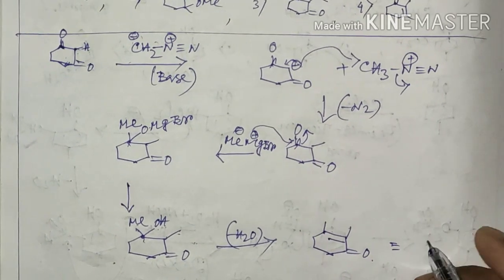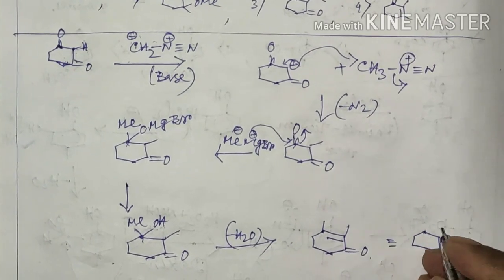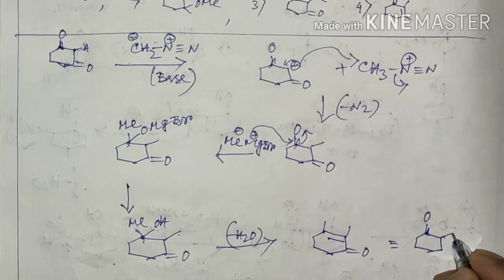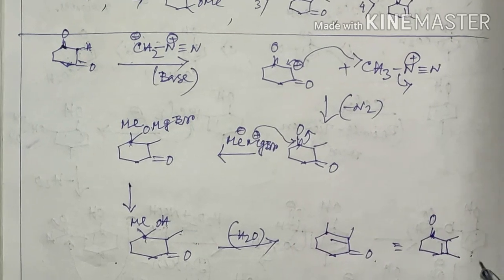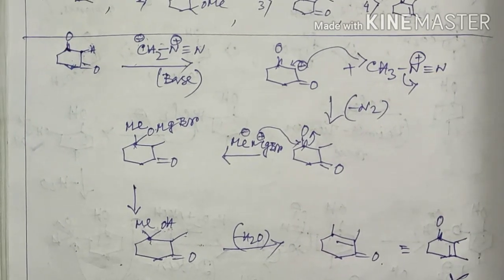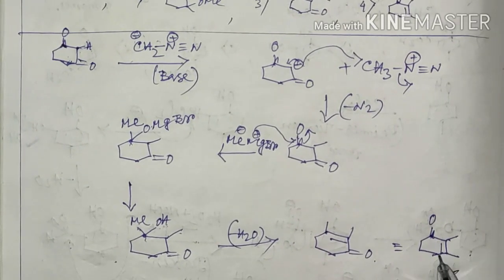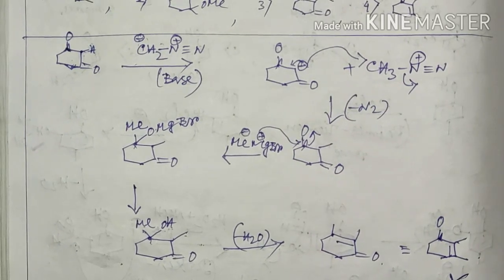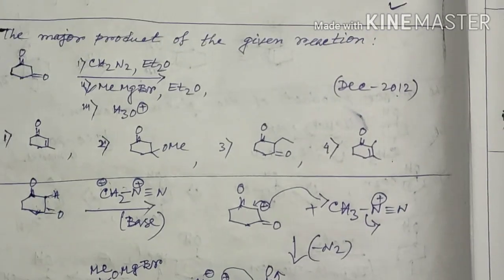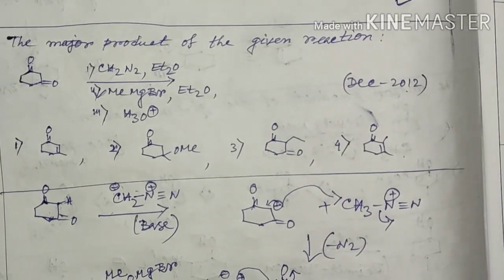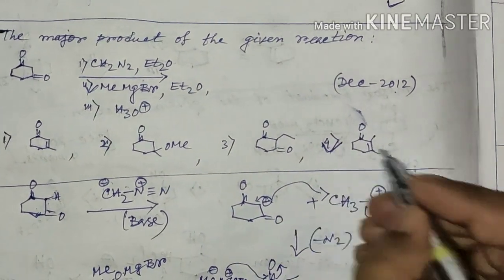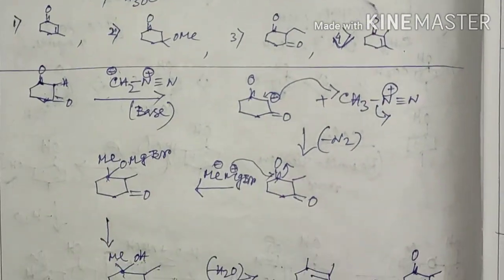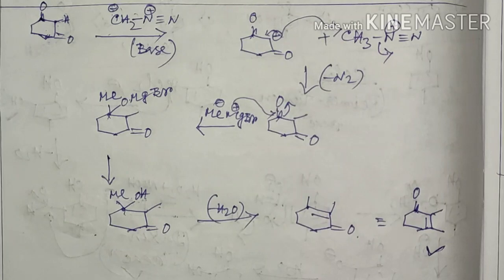And we can also write this like this, since here is alpha beta unsaturated and dimethyl substituted. So we can see that among the given options, option number 4 is the correct answer. Is it okay?